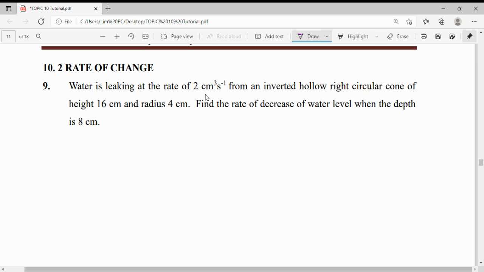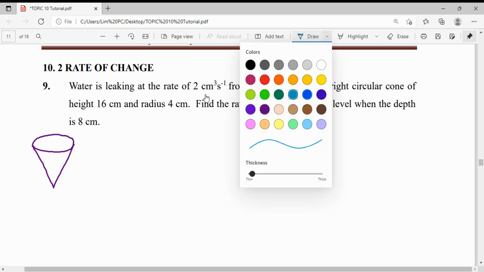So an inverted circular cone. Our shape here will be in the shape of the cone. And then inside here, we have our water.